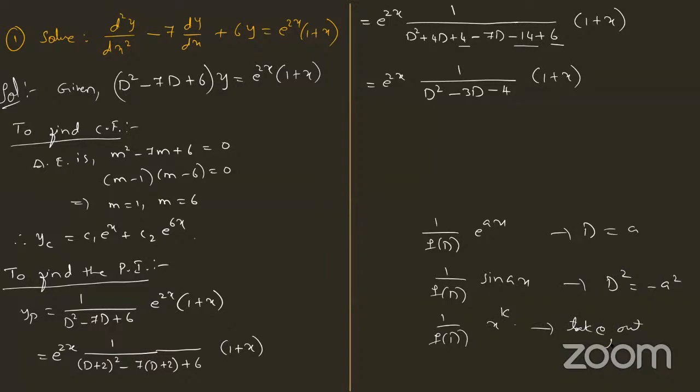Take out the lowest degree term. We should not forget this idea. And here the lowest degree term is minus 4, right? So keeping this e power 2x as it is, 1 divided by, I'm taking out minus 4 from these three terms. So it is 1 minus of, because we brought out a minus, (D square minus 3D) divided by 4. And this you're operating on 1 plus x.